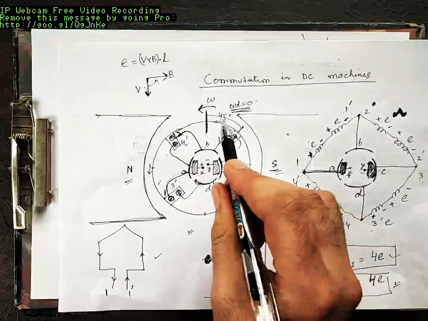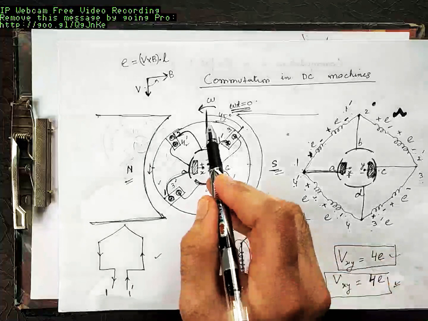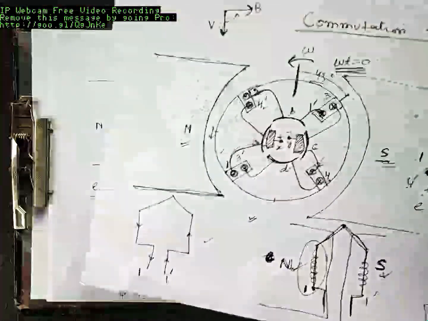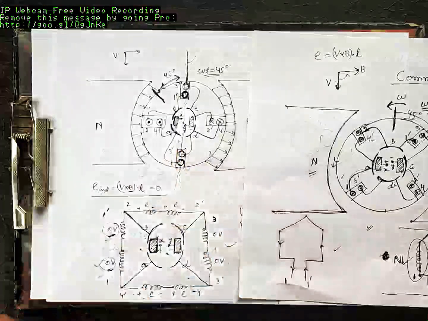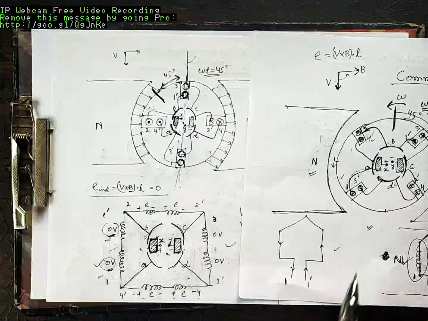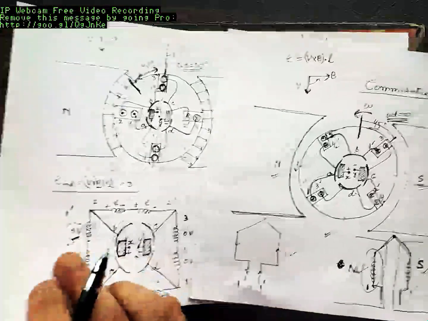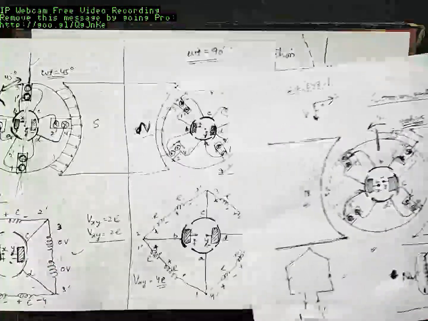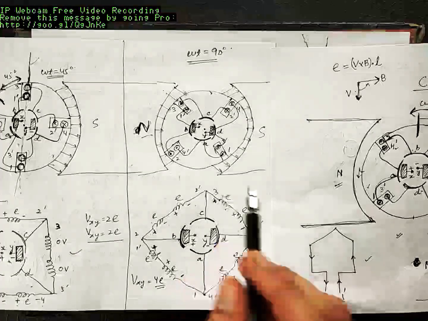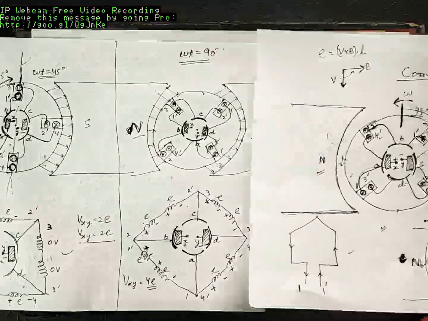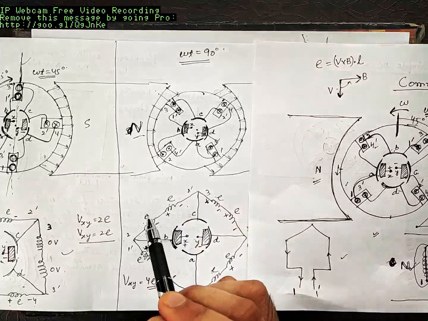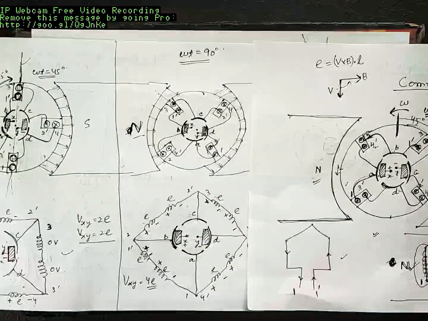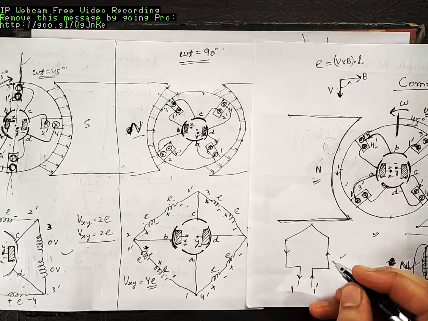Then after 45 degrees, coil 1 reaches here, and the current here is 0. Then after another 45 degrees, that's omega t equal to 90 degrees, 1 prime reaches here and is now dot. Current is now in this direction.